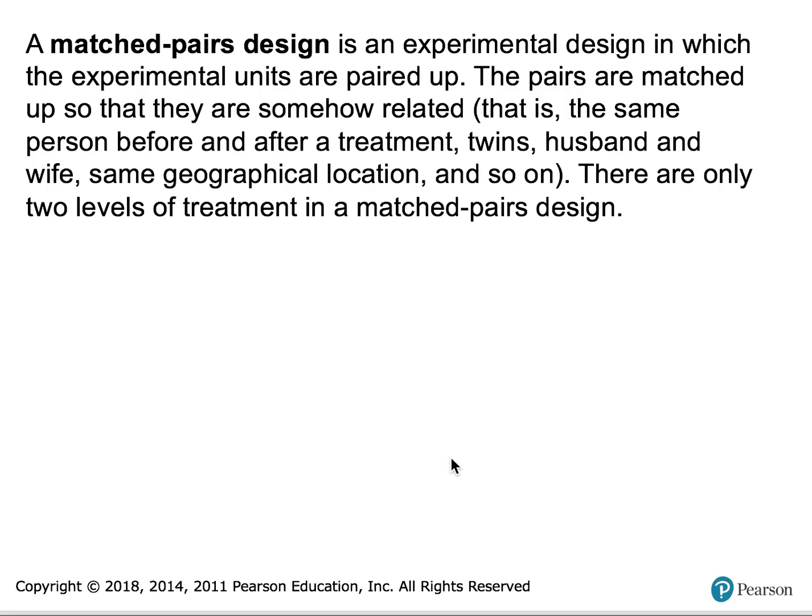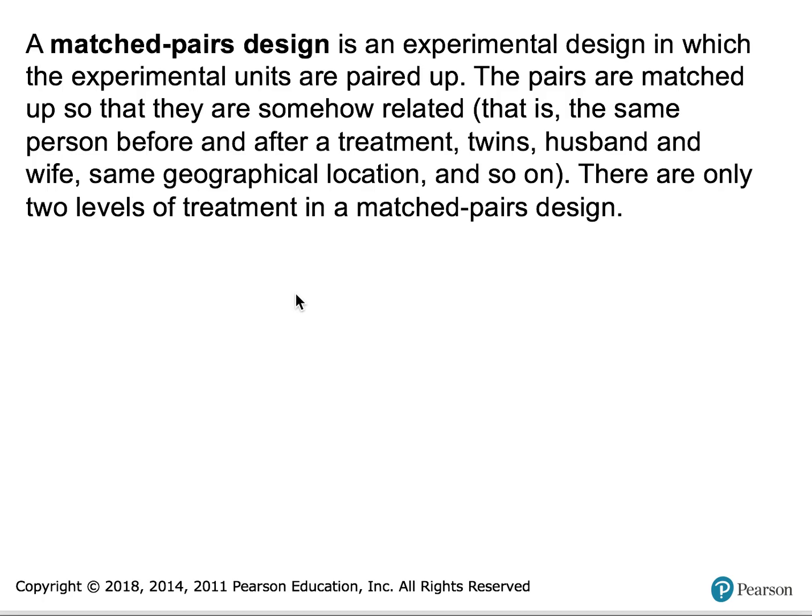Okay, another type of experimental design is called matched pairs design. A matched pairs design is an experimental design in which the experimental units are paired up. The pairs are matched up so that they are somehow related. That is, the same person before and after a treatment, twins, husband and wife, same geographical location, etc. There are only 2 levels of treatment in a matched pairs design.